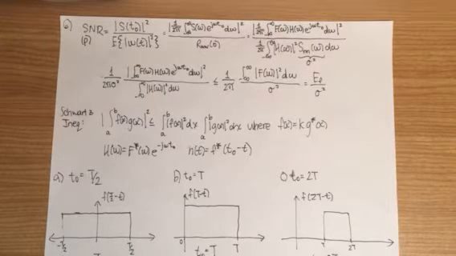So our signal to noise ratio, the Greek letter rho, is equal to s of t naught squared divided by the expected value of w of t squared.